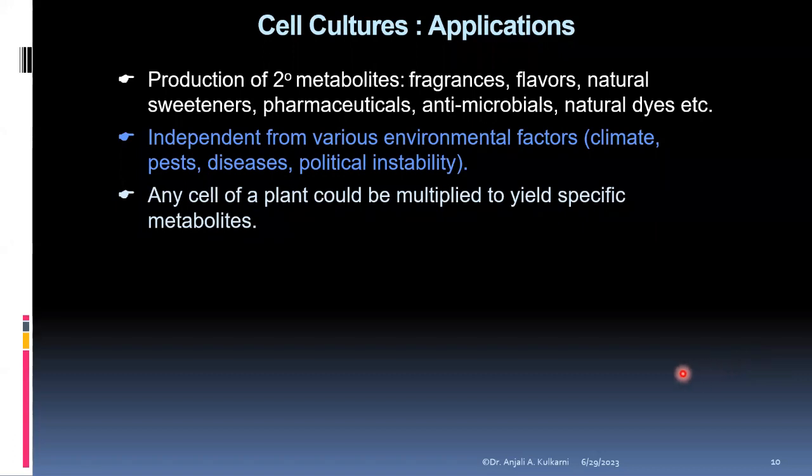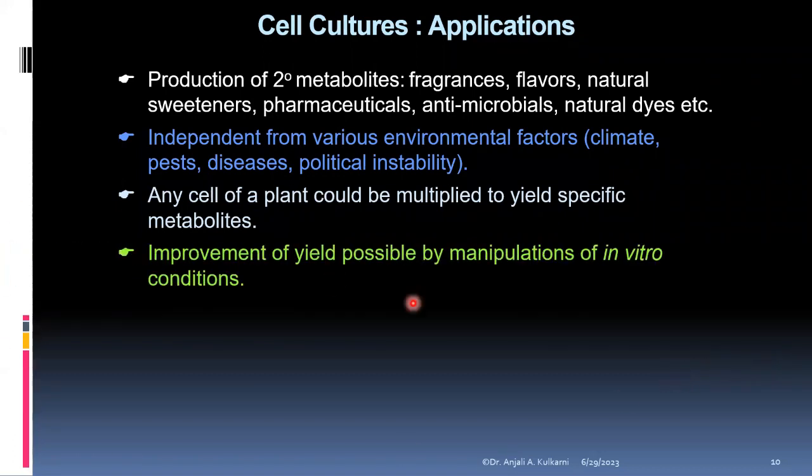Then another important point is that you can achieve improvement in multiple folds. A 100-fold, 200-fold, 300-fold improvement in secondary metabolite production is not possible by your normal agricultural methodologies.